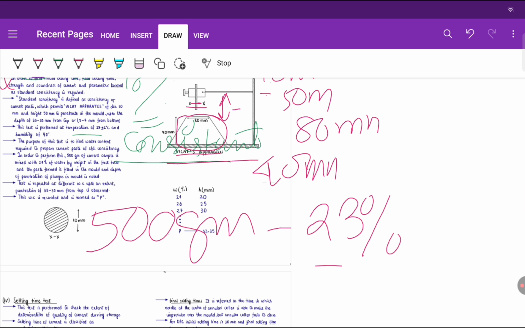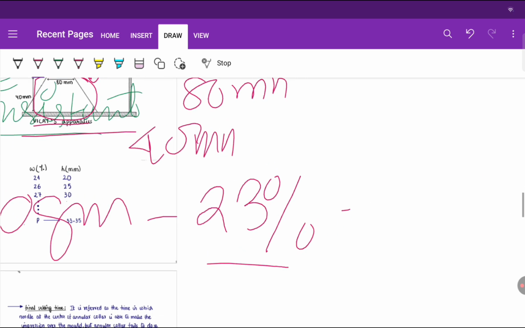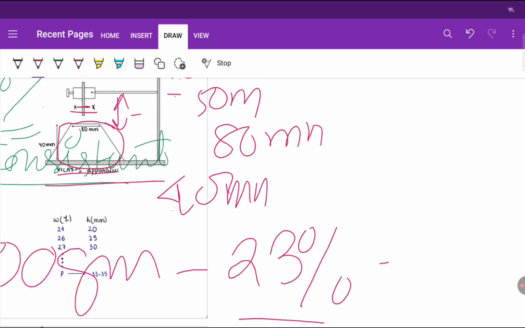We mix it homogeneously. Then we fill the apparatus, the Vicat mold, 40 mm height, right? So we fill the Vicat mold.